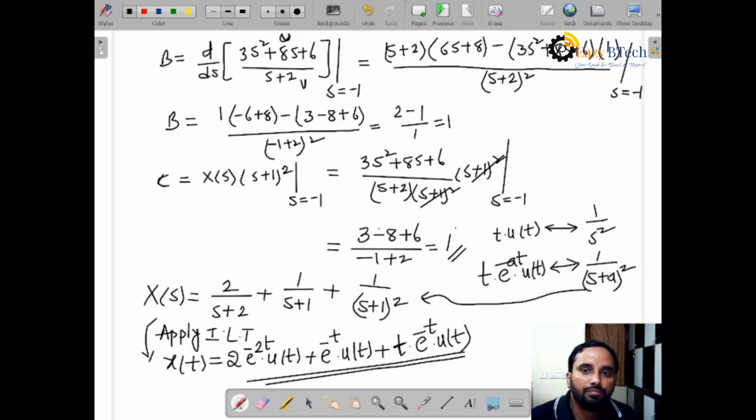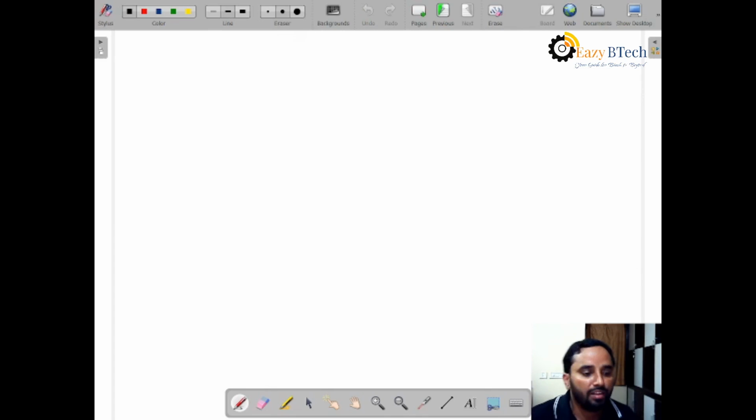Now another problem we can do, the simple problem. So this is the important problem: Laplace transform of a periodic signal.